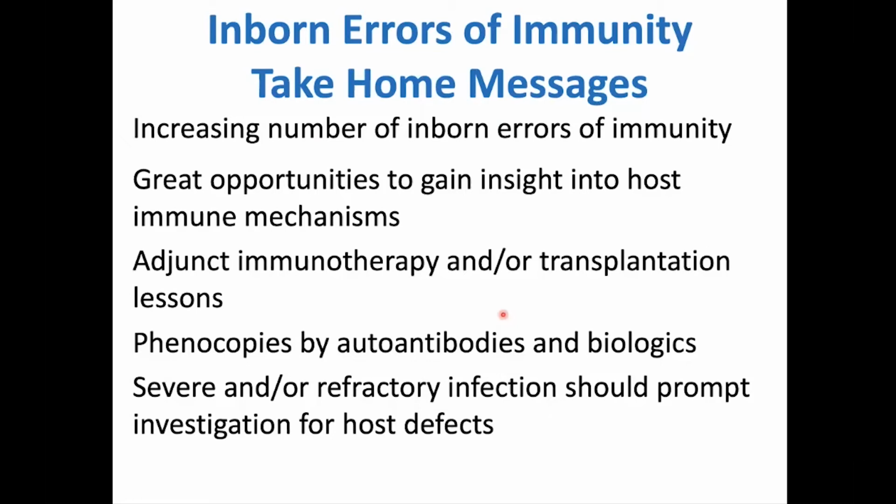And many of those can be phenocopied by autoantibodies and biologics, but not all. And severe and/or refractory infection by any of these fungi should always prompt investigation for host defects. And hopefully the framework that we went through today will be useful as you think through patients who might develop endemic dimorphic fungi, mold, or yeast infections.